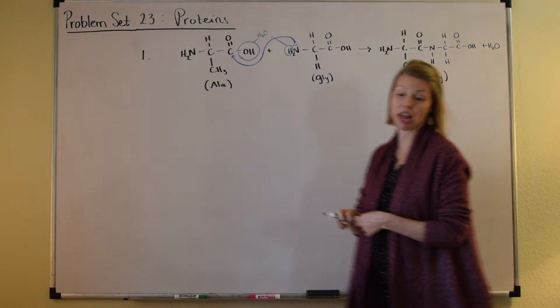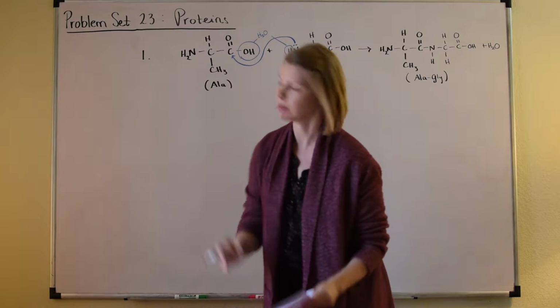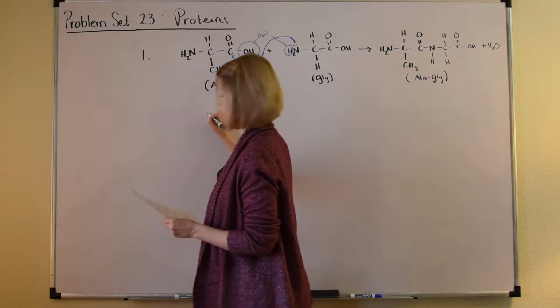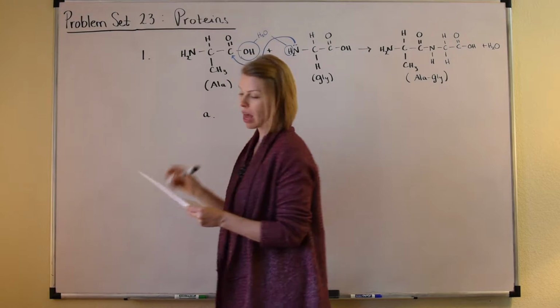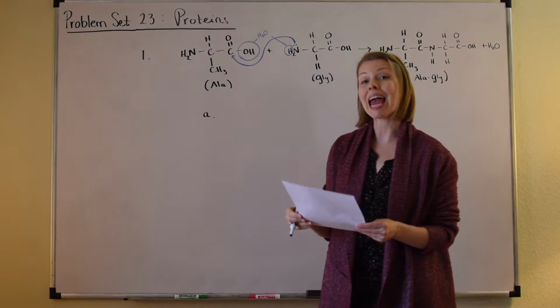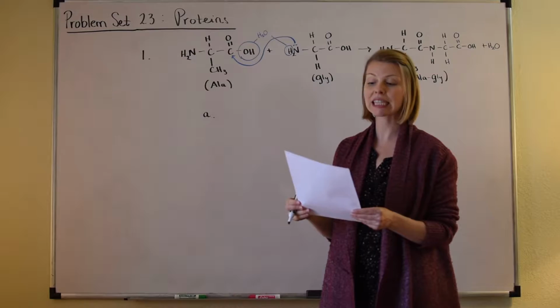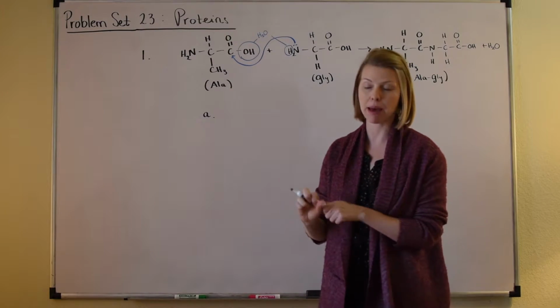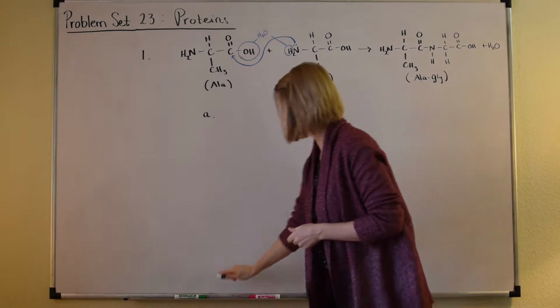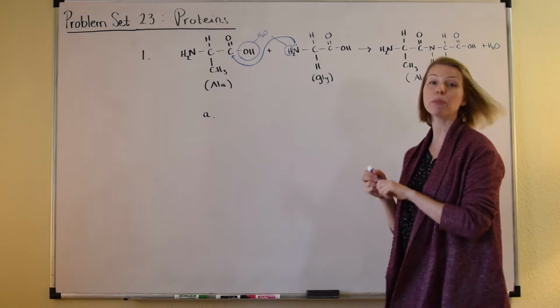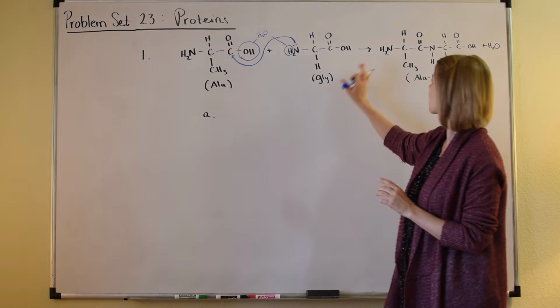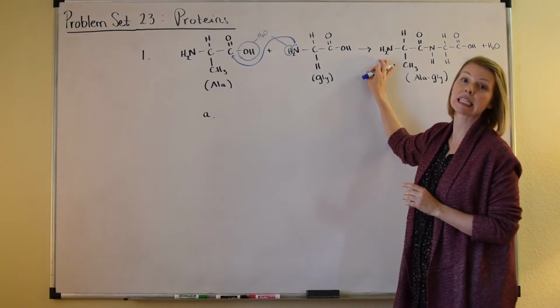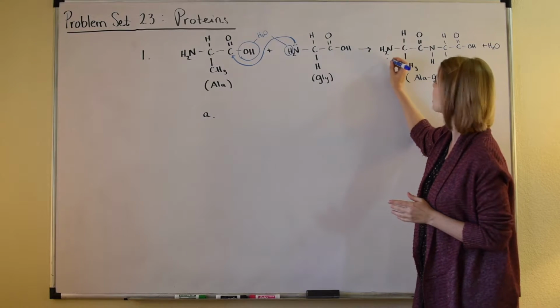Okay, so now we're going to answer A through C for number 1. A, label the N-terminus and the C-terminus of the dipeptide. So let's do that in a different color. Let's go to blue. The N-terminus is the side that has the free amine.